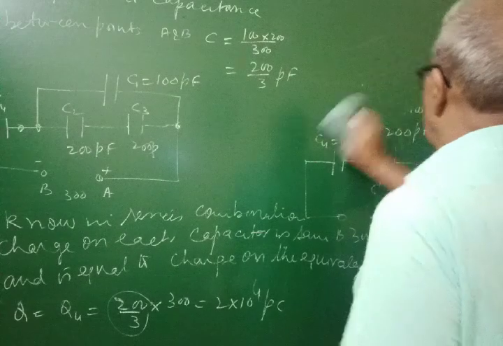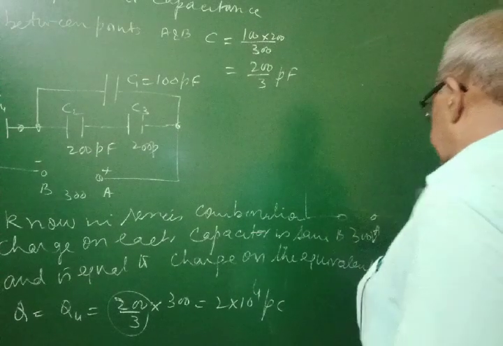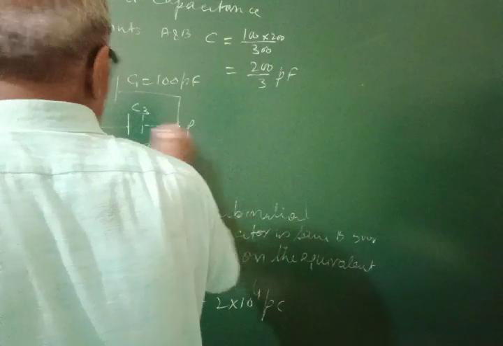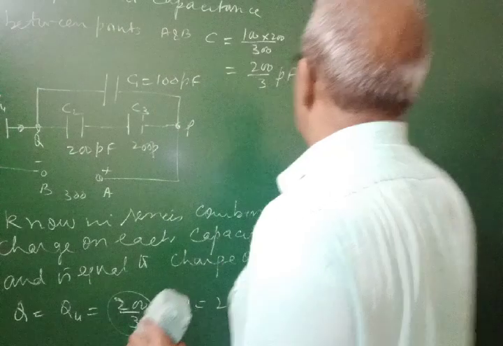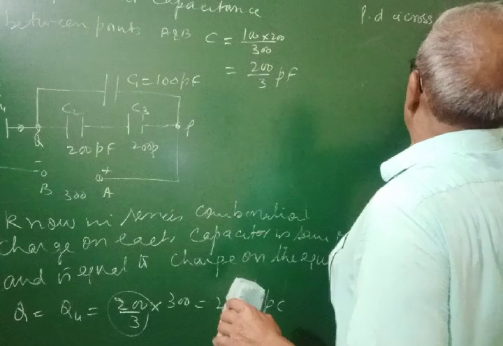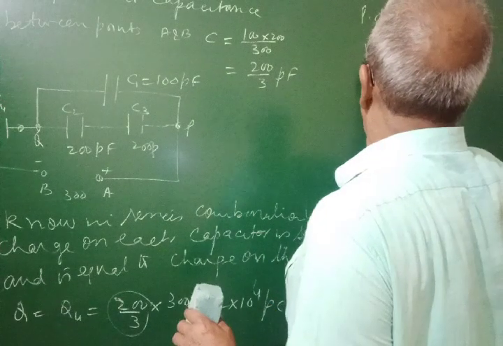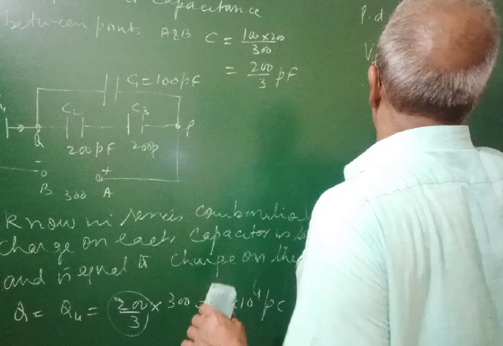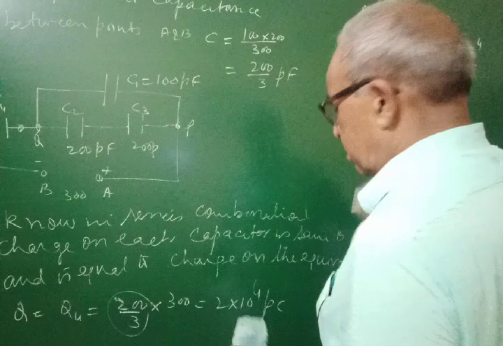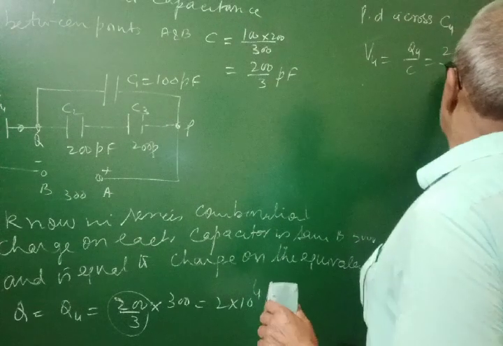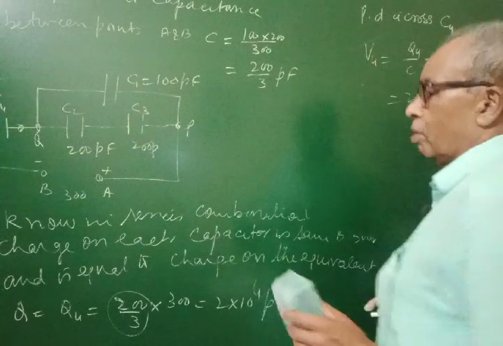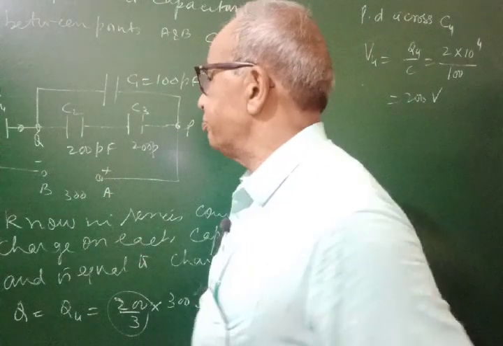Therefore, potential difference, let this point be P and Q. Therefore, potential difference across C4, V4 is equal to Q4 upon C4, 2 into 10 to the power 4 upon 100 pico, so it will be 200 volt. Totally 300.